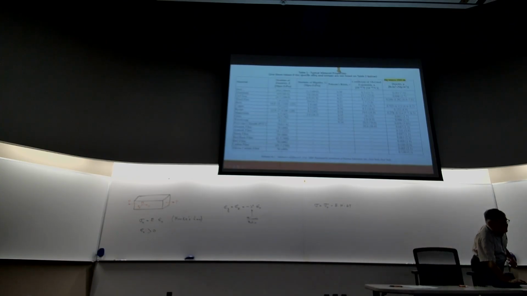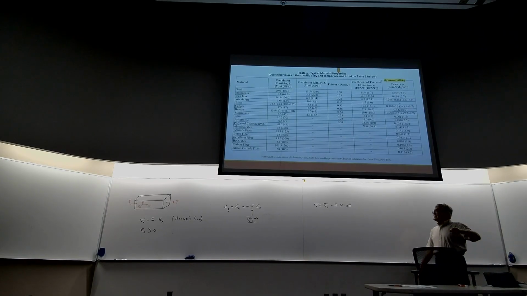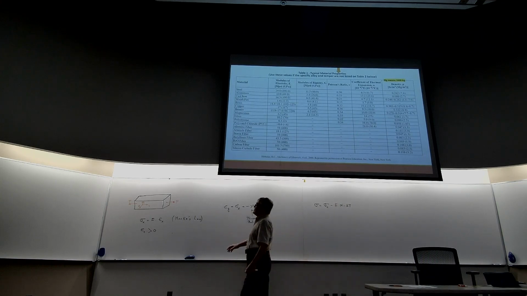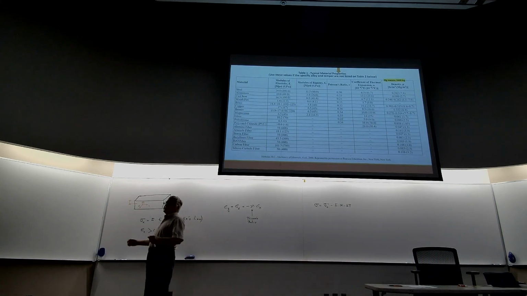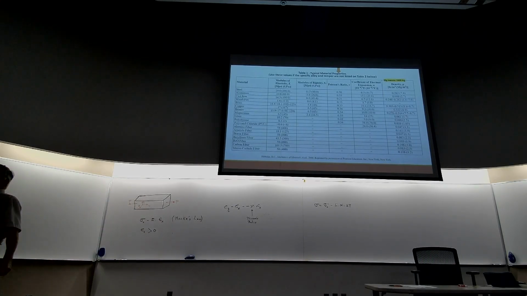This is the column for Poisson ratio, nu, 0.30 for steel. What this means is that if you apply force horizontally, and this rod gets longer by 1%, the cross-section gets smaller by 0.3%.